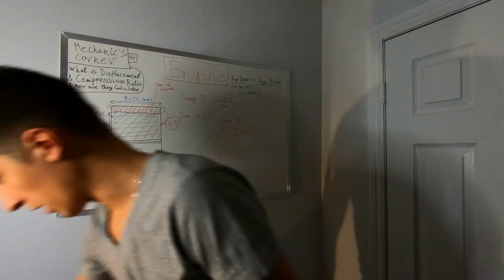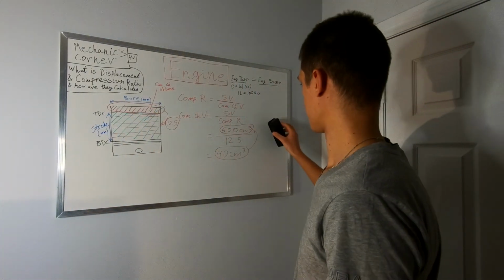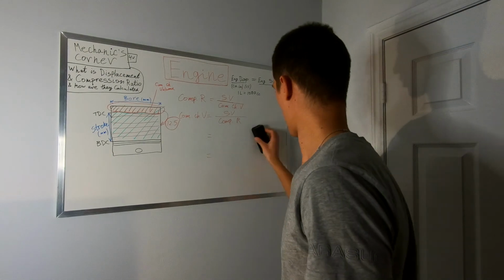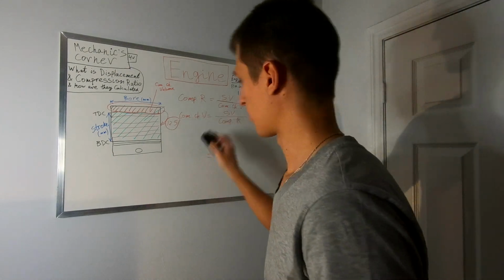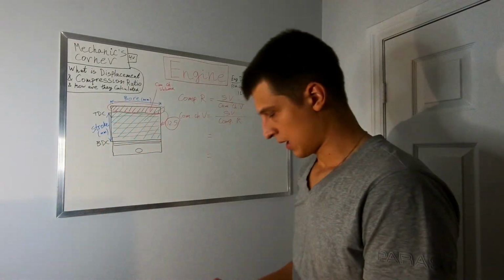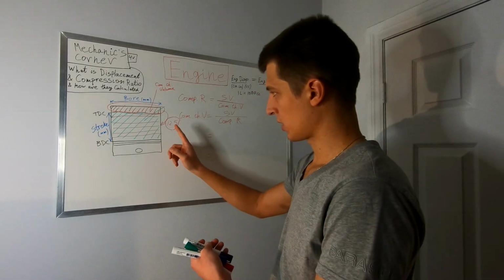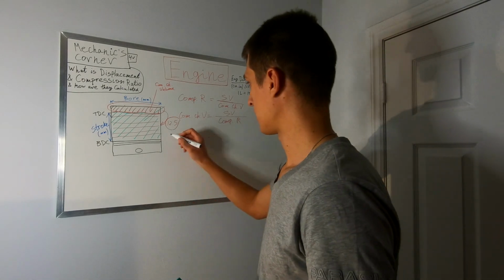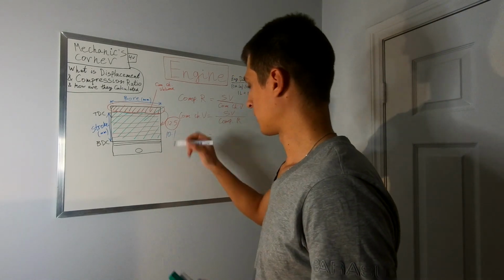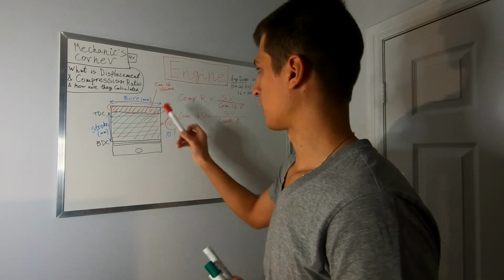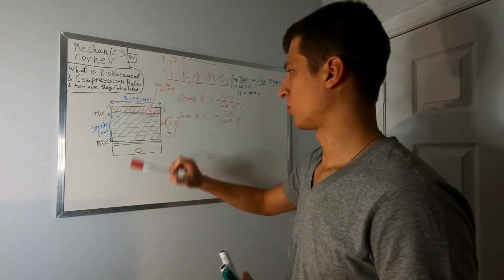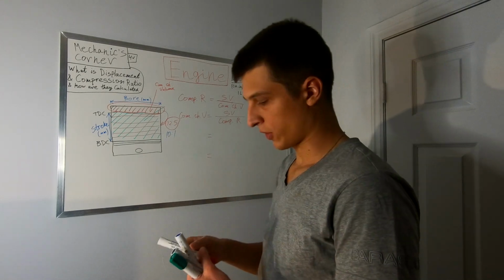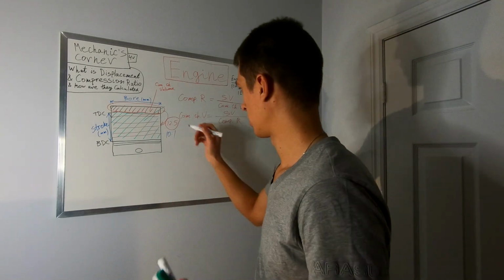And we can do the same calculation for the Genesis, which will give us a very similar compression chamber volume, and the compression ratio for the Genesis is 10 to 1. This one is 12.5 to 1, because one compression chamber volume can fit 10 times into the swept volume for the Genesis, or 12.5 times for the Elantra.